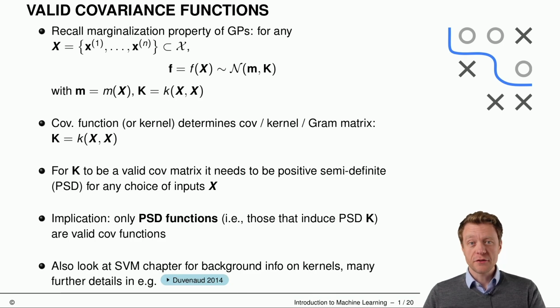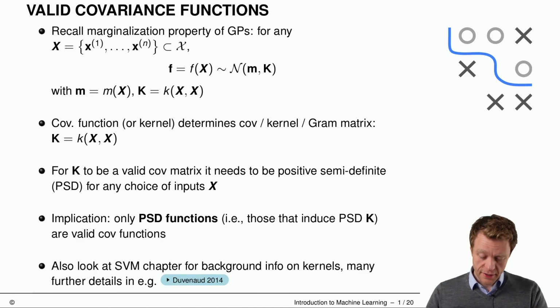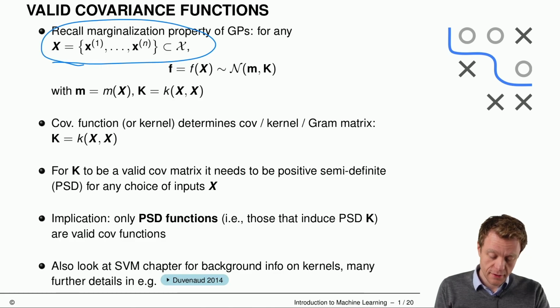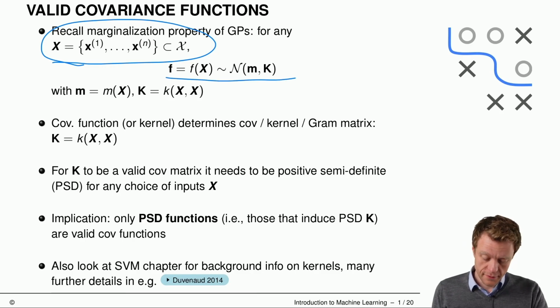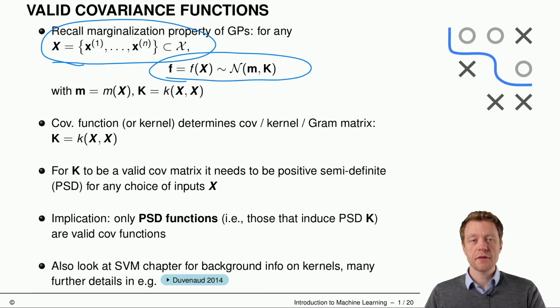If you think back to the introductory video on Gaussian processes, hopefully you recall the marginalization property of Gaussian processes. We said that the Gaussian process is defined via this marginalization property. That is, for any set of points in the feature space, the marginal distribution is a Gaussian distribution with some mean vector and some covariance matrix.